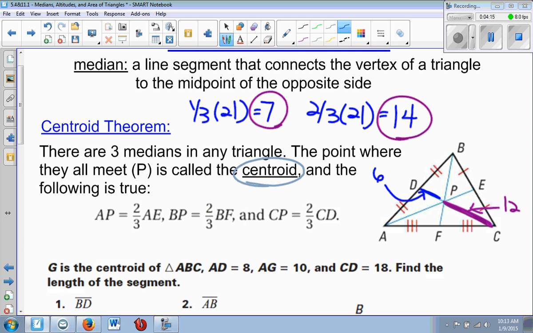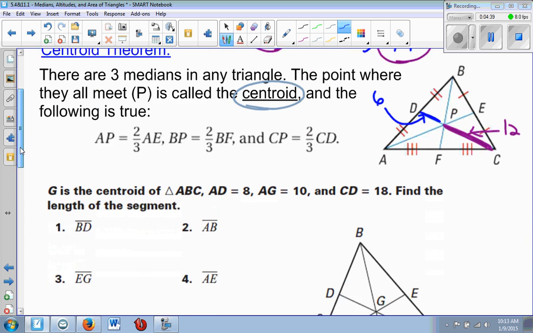And then we would know that the entire median length was 18. So there are a lot of different relationships that are happening with your medians. We want to make note of all of those relationships so that no matter what the situation is, we know how we can figure out those numerical values, or how we can write an equation to solve an algebra problem like this, like we will on the back.